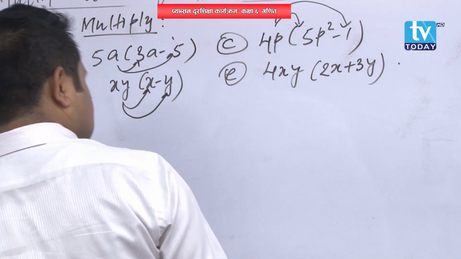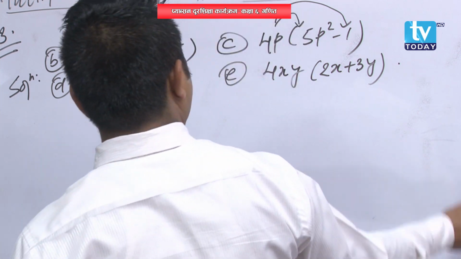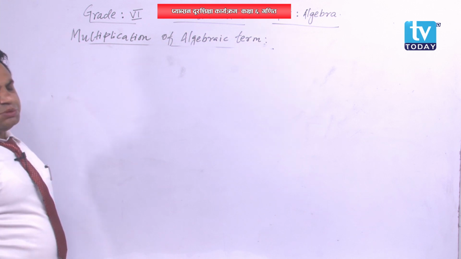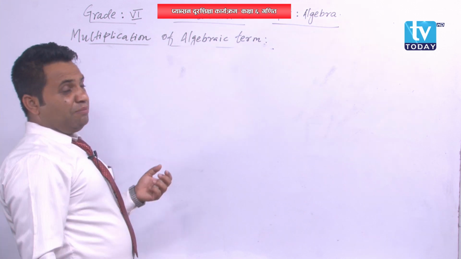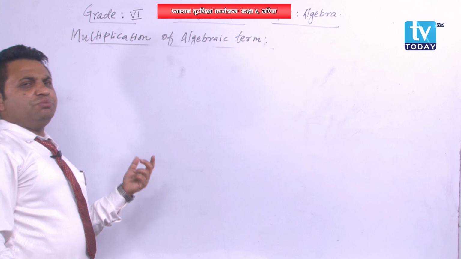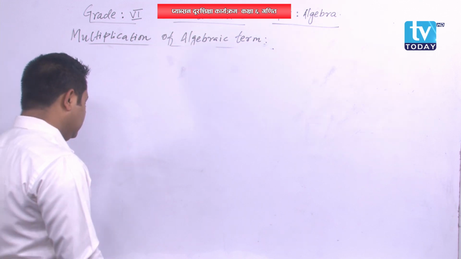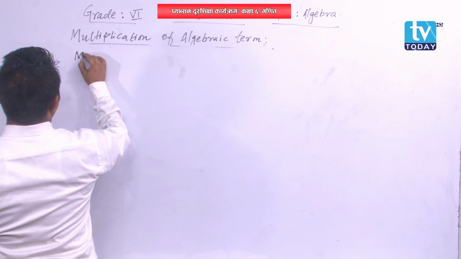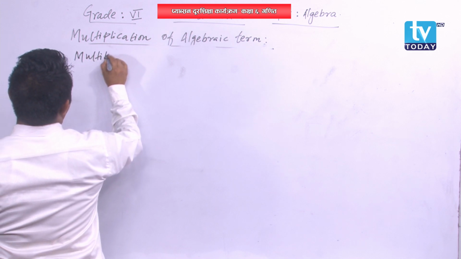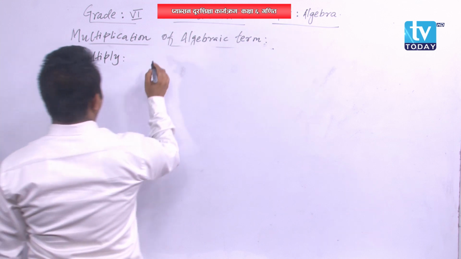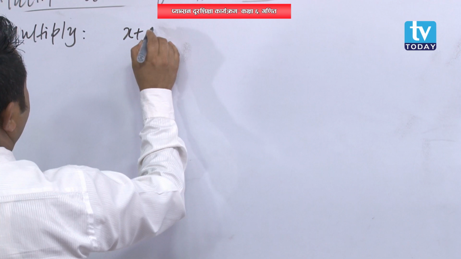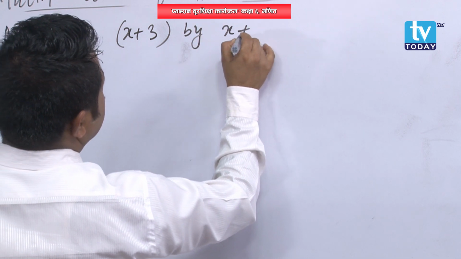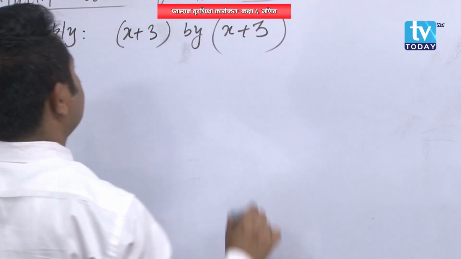Now multiplication of polynomials. Here in algebraic expressions, a binomial is also a polynomial. A trinomial is also a polynomial. Is that clear? So number A, multiply x plus 3 by x plus 3.